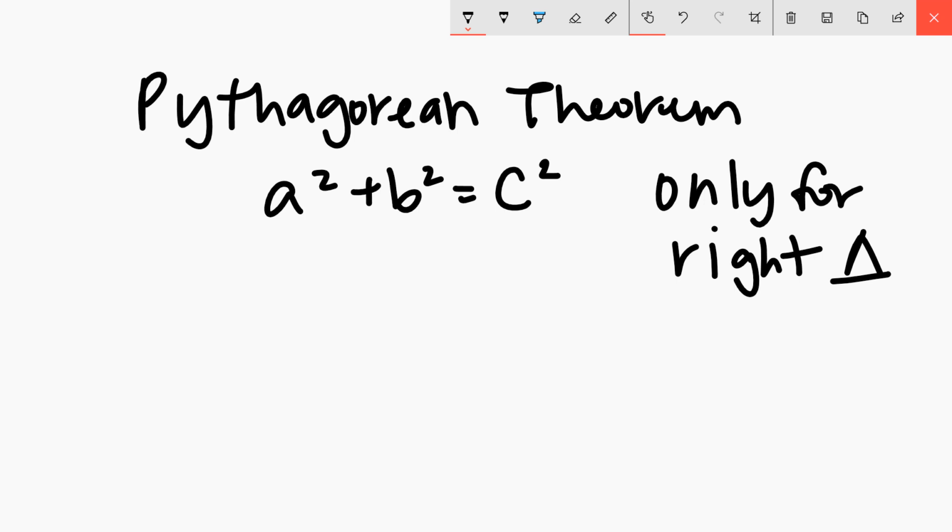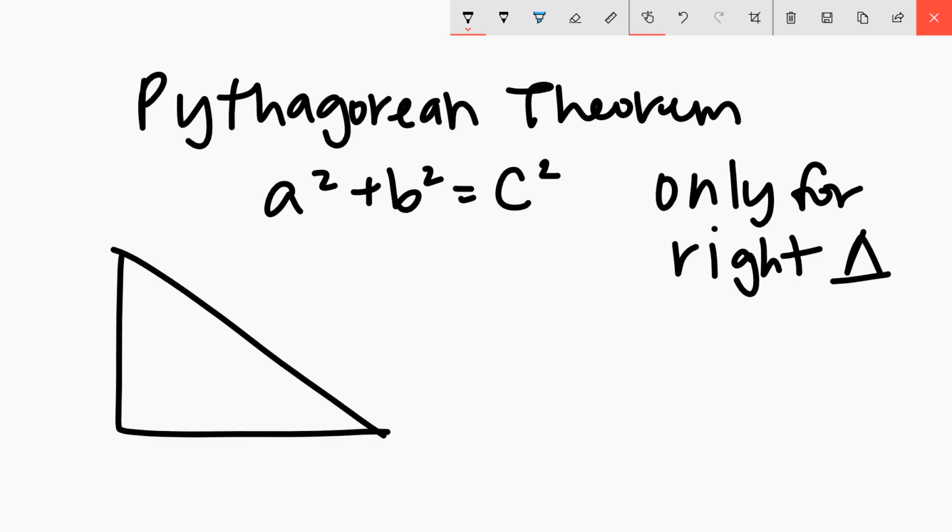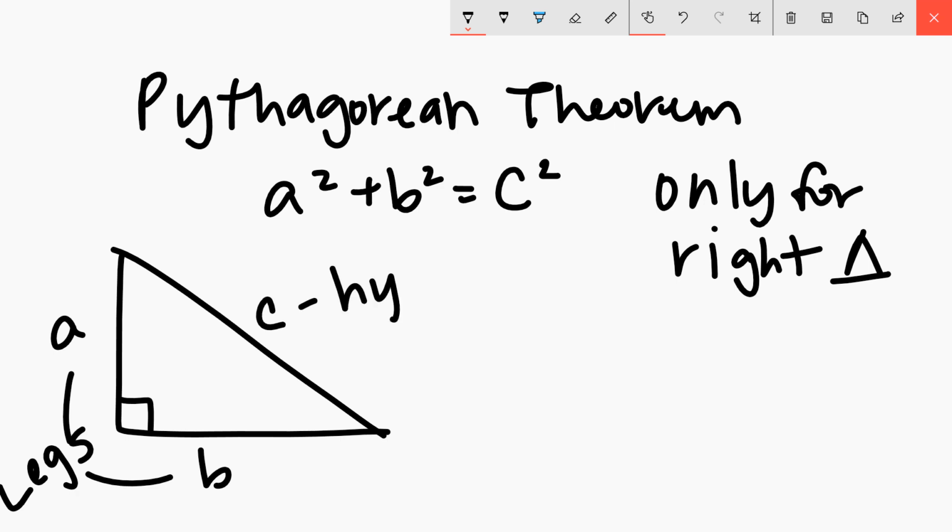Okay, so if I were to give you a right triangle and I told you that I had different lengths for those sides, remember that your A and B are always legs. Okay, C is always your hypotenuse.